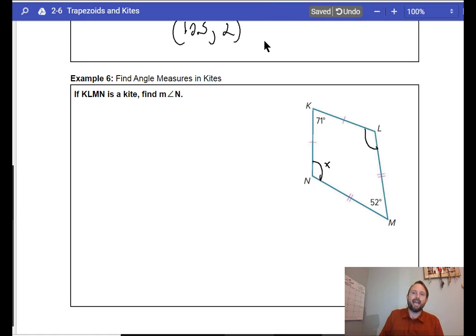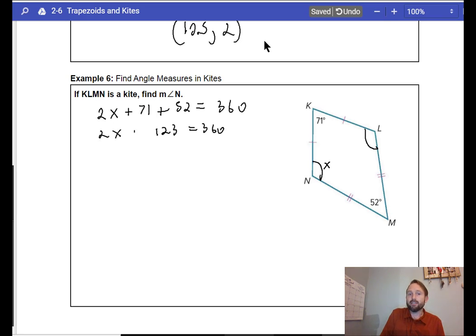So let's call this x. I know that 2 times x plus 71 degrees plus 52 degrees would equal 360 degrees. Now, combining these, we get 2x plus 123 is equal to 360.